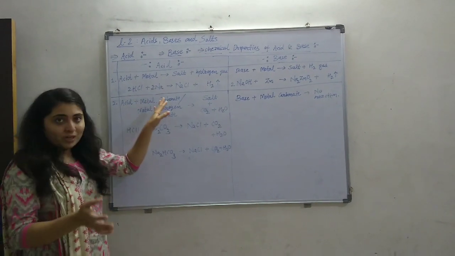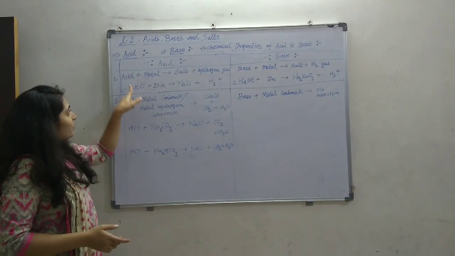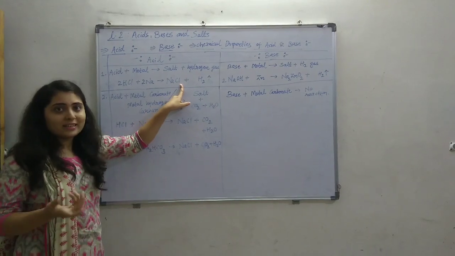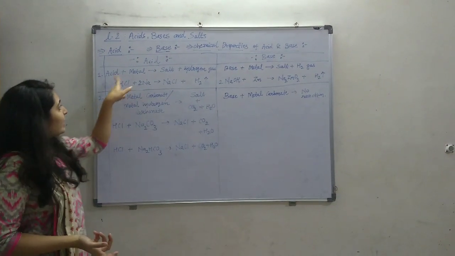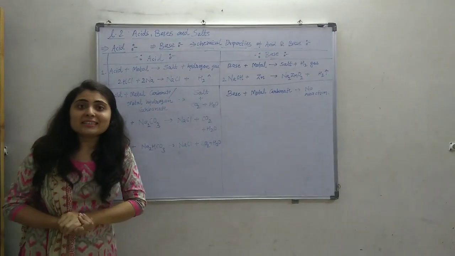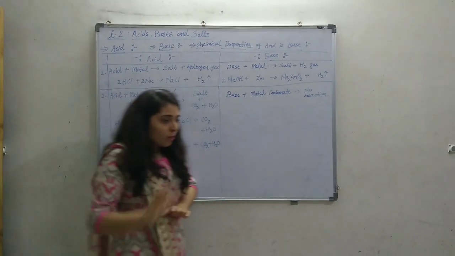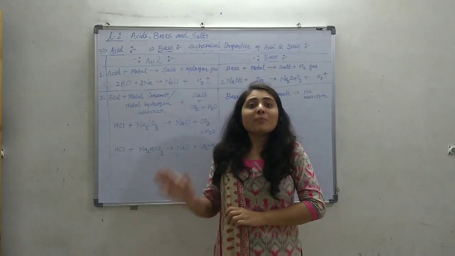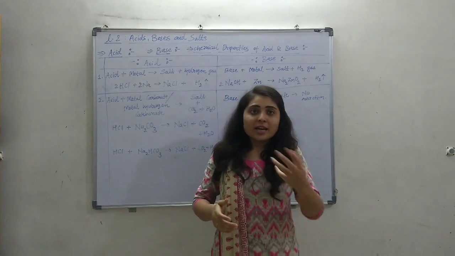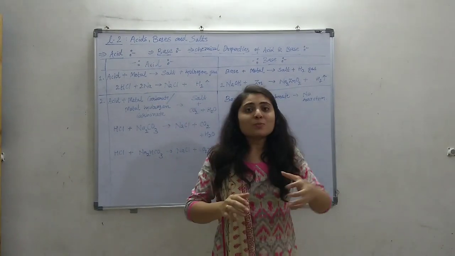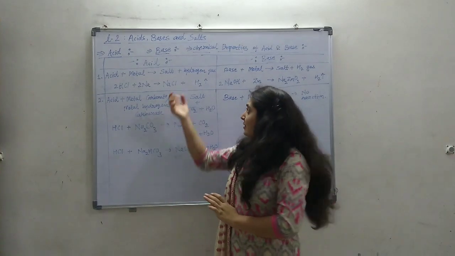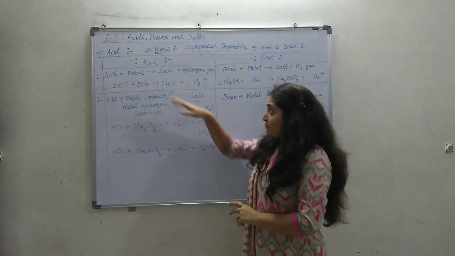The chemical reaction takes place, sodium with chlorine makes NaCl, that is salt, sodium chloride, and H is released as hydrogen gas. So commonly acid with metal gives hydrogen gas and the respective metal salt.